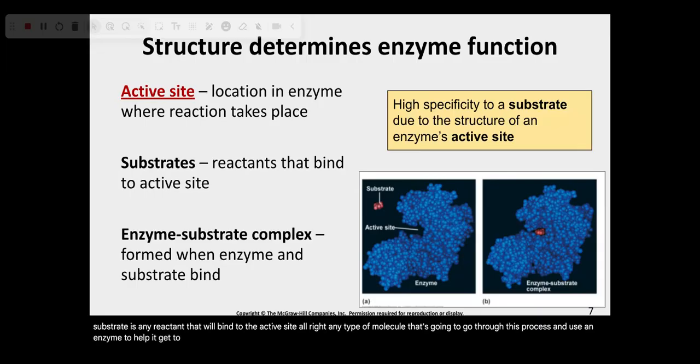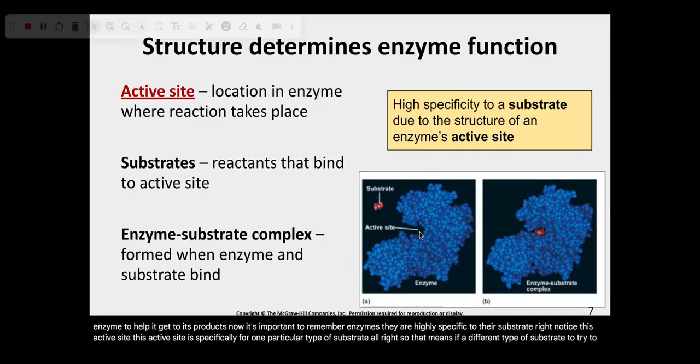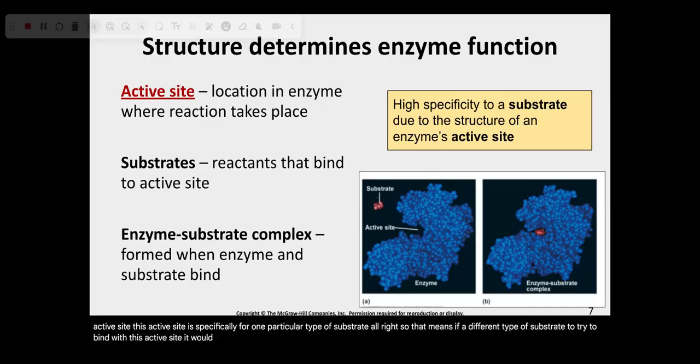Any type of molecule that's going to go through this process and use an enzyme to help it get to its products. Now, it's important to remember enzymes are highly specific to their substrate. Notice this active site is specifically for one particular type of substrate. So that means if a different type of substrate tried to bind with this active site, it would not work.